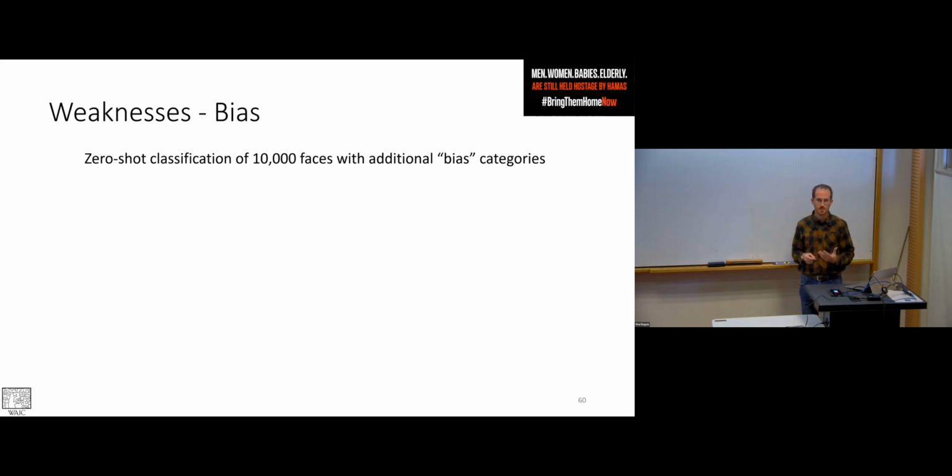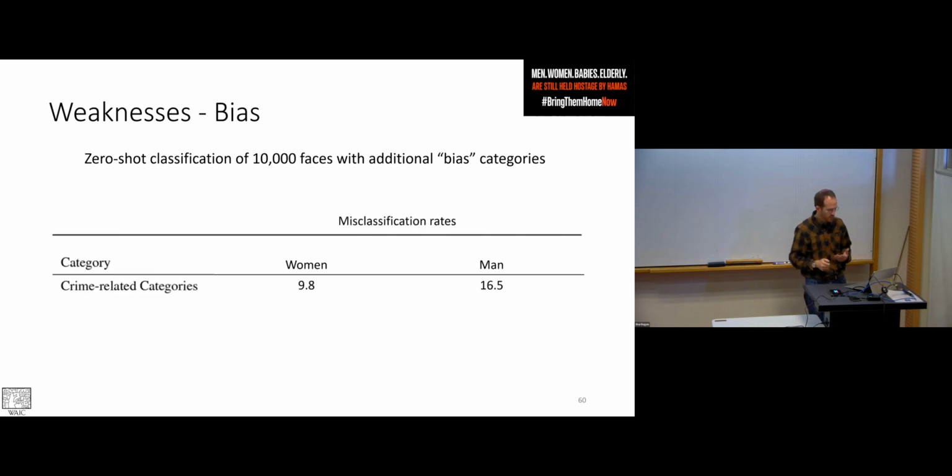These are faces with labels based on ethnicity, gender and things like that. Now they can use the zero-shot classification of CLIP and classify these images. They have the regular labels that they have in the data, and they add additional crime-related categories.